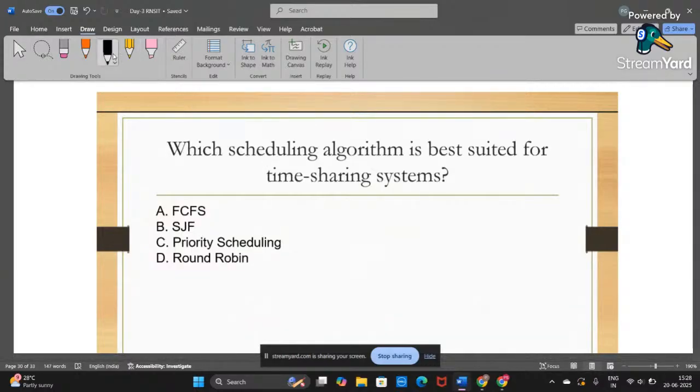The answer is round robin, because round robin is for time sharing systems where multiple users or processes share the CPU. So for this, round robin is the answer.